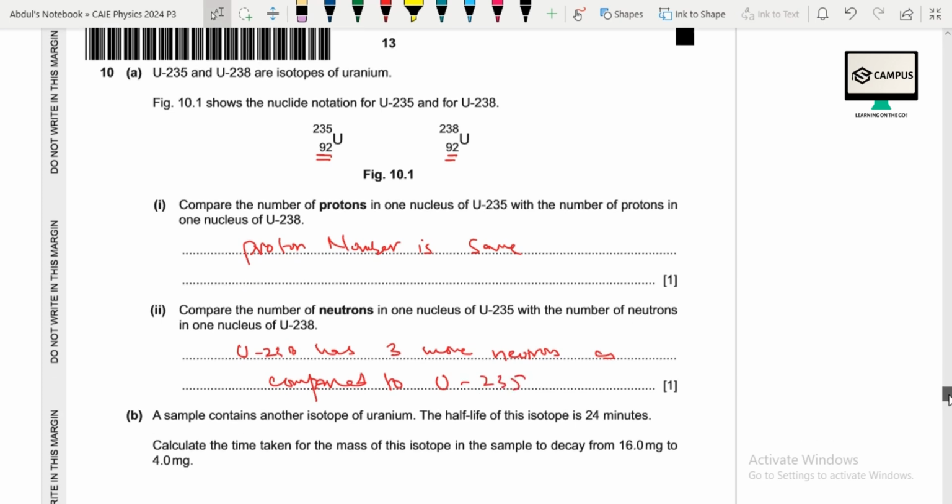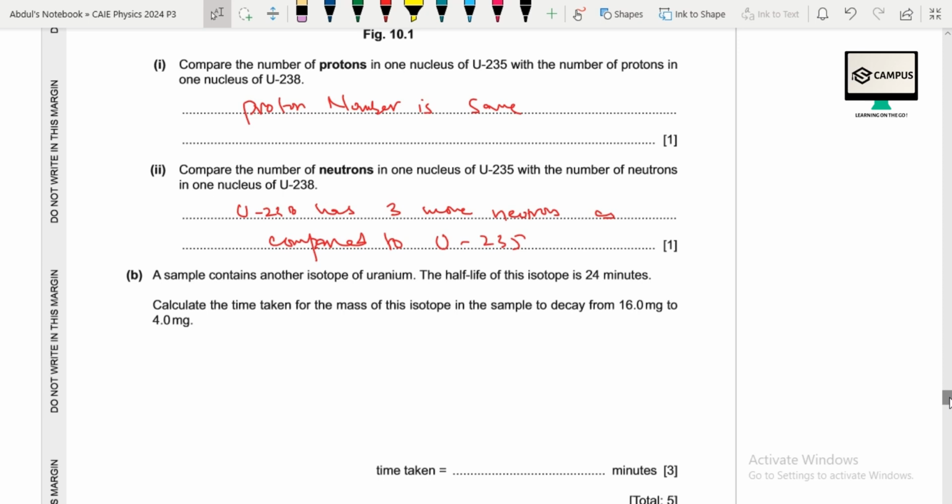For part B, a sample contains another isotope of uranium. The half-life is 24 minutes. Calculate the time taken for the mass of this isotope in the sample to decay from 16 milligram to 4 milligram. The first thing we need to identify is how many half-lives are involved. In one half-life, 16 milligram would drop to 8 milligram.